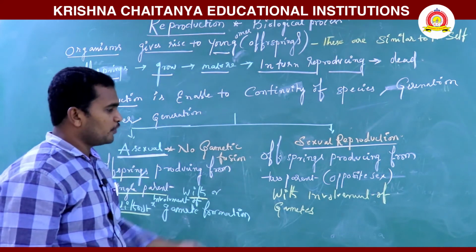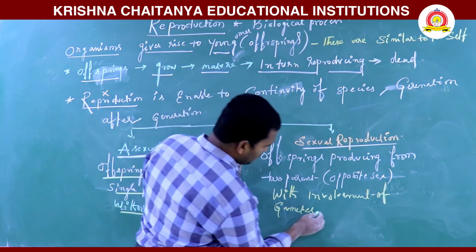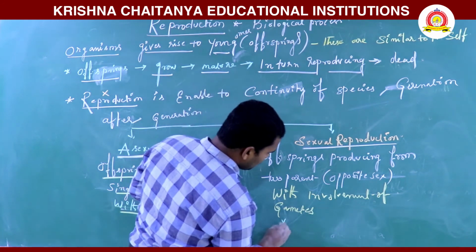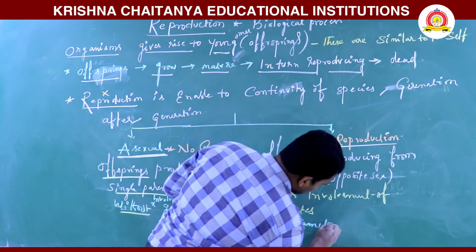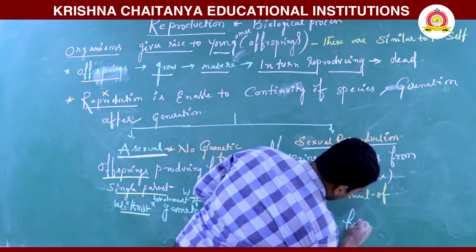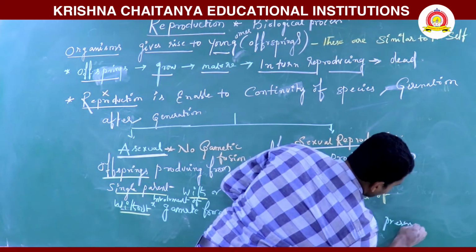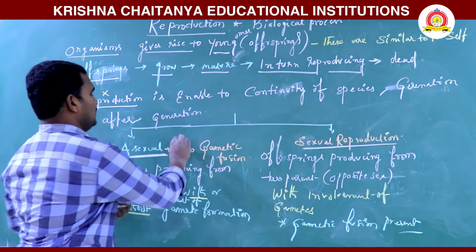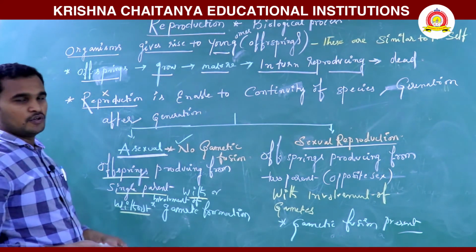Here offsprings are produced from two parents with involvement of gametes, so mainly we see gametic fusion is present, whereas in asexual reproduction there is no gametic fusion, the gametes are not fused.